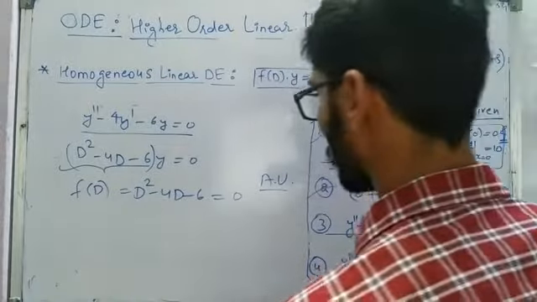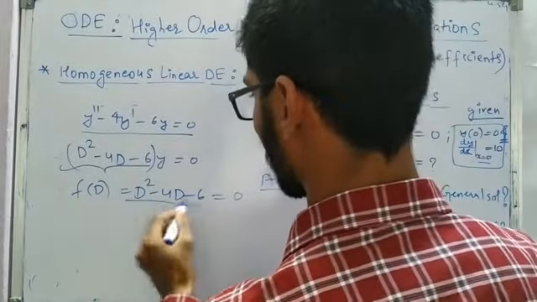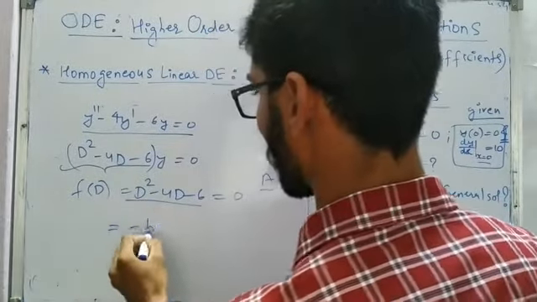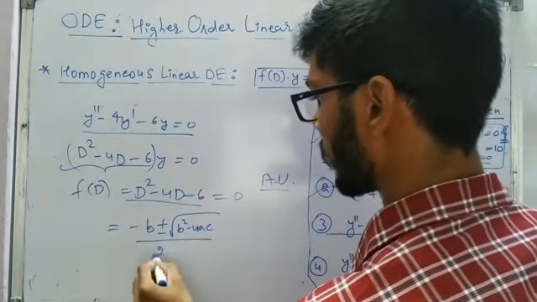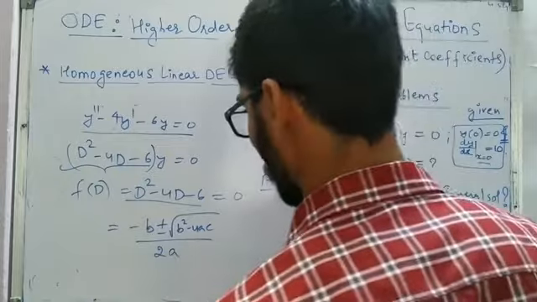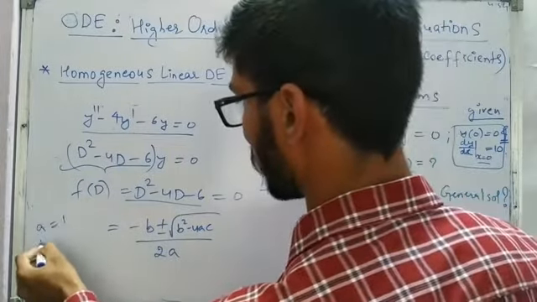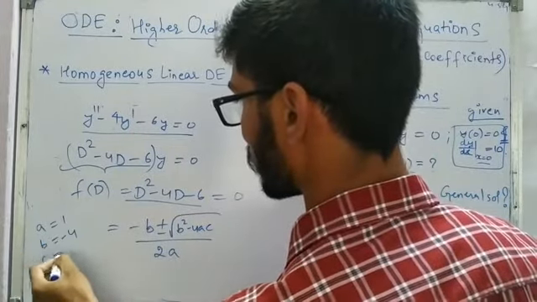Now let us look at its roots. Let's use the formula for the solution of a quadratic equation: (-b ± √(b² - 4ac))/2a. Here we have a = 1, b = -4 and c = -6.